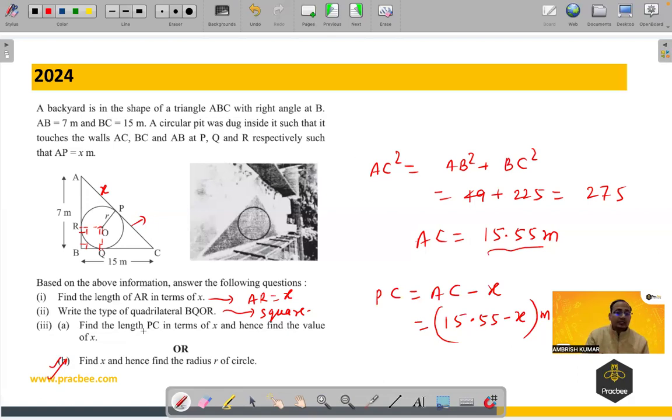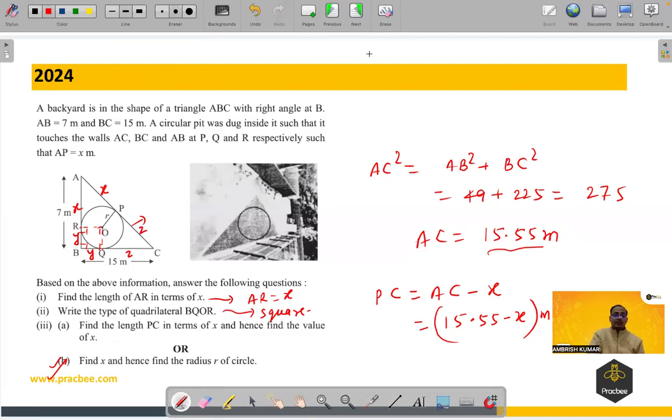Now, if AP is x, AR is again going to be x. Now BQ we assume as y, BR as y, CQ as z, CP as z. So write down the equations.